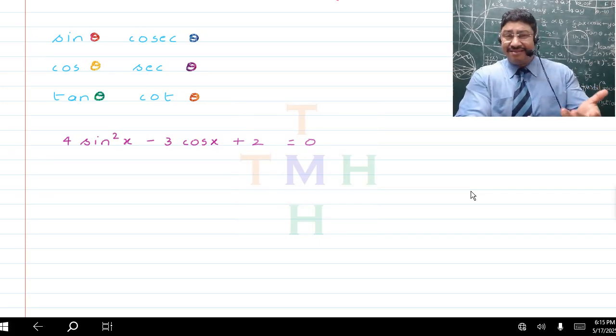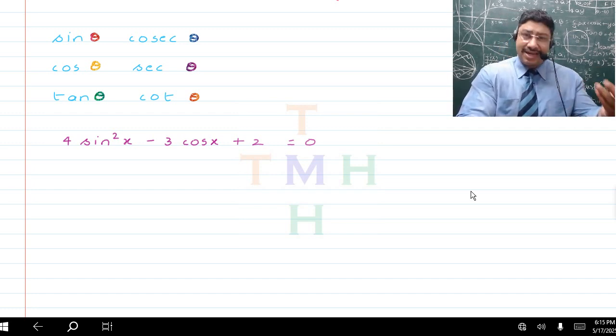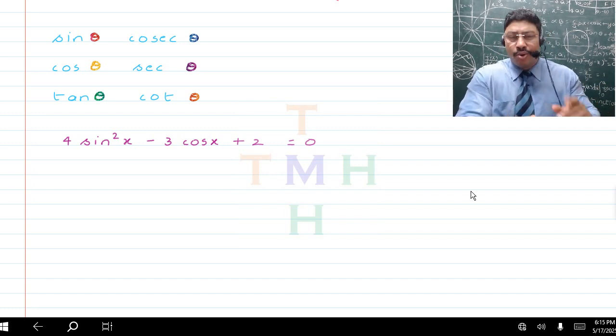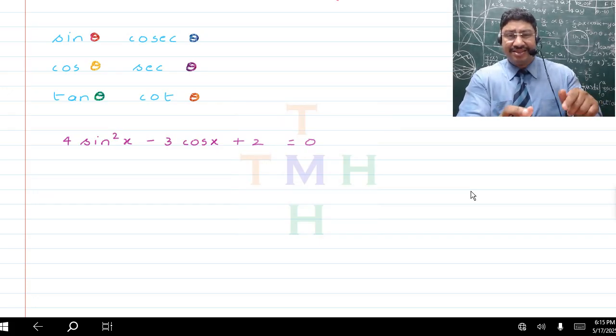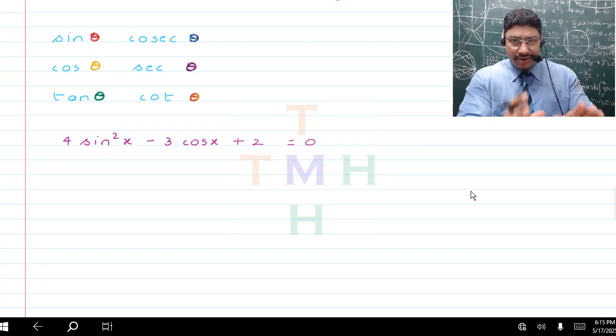That means you can get the value of x using cosec, or you can even get the value of x using tan, but it doesn't matter. What matters is what is the value of x which will satisfy this equation. Did you all understand?